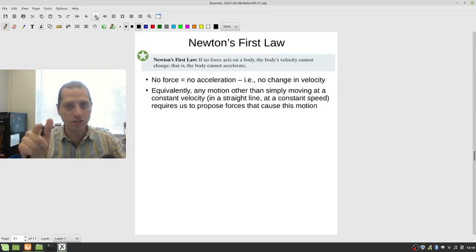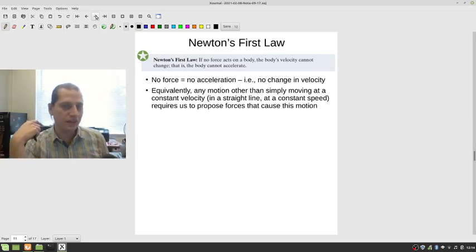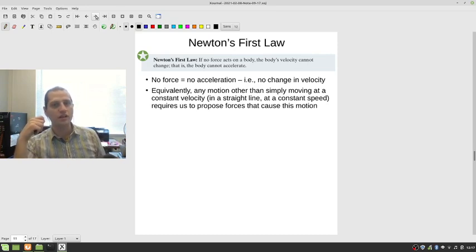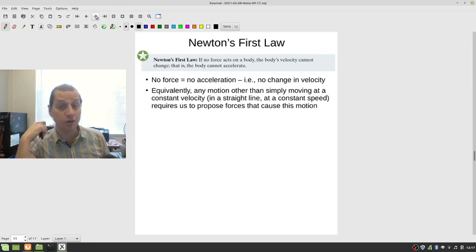So, no change in velocity means that the overall net force, that's the sum of all the forces on an object, is zero. And equivalently, another way to say that is that any motion other than simply moving at a constant velocity requires us to propose forces that cause this motion.